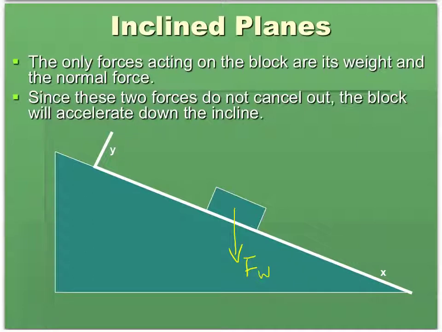So if we just draw a dotted line that runs parallel to that contact surface, we can very easily draw in our normal force, again making that right angle, or 90-degree angle, perpendicular to that contact surface. Since those two forces do not cancel each other out, the block is going to accelerate down the incline, so we'll see acceleration in that direction.